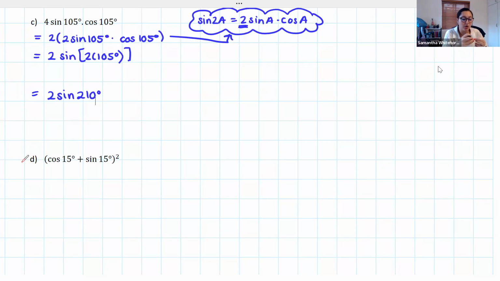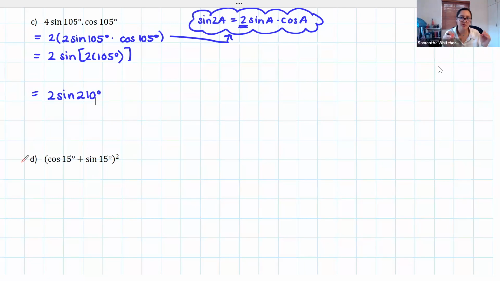Now, if you want to use a co-ratio of 270 plus or minus, fine. In this case, you would use 270 minus 60, co-ratio, that's fine. I said to you before that where possible, I will avoid co-ratios. There's a name change that needs to happen. When it comes to 270 co-ratios, there's sign changes as well. There's just too many things that we can potentially forget to do and then we go wrong.